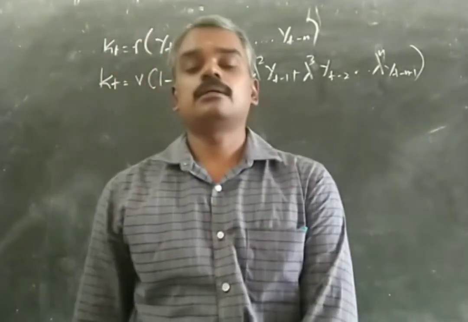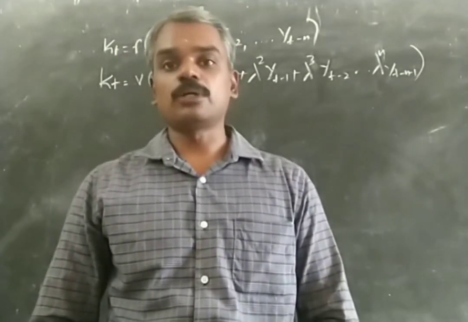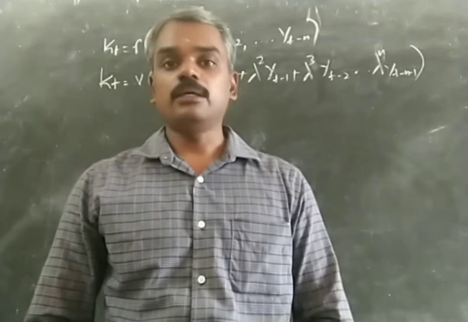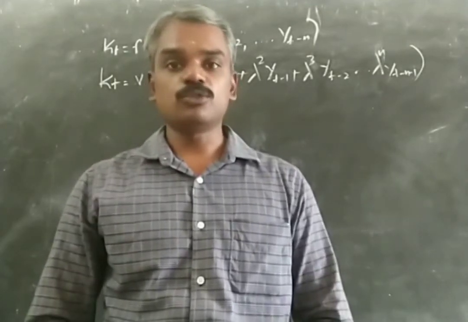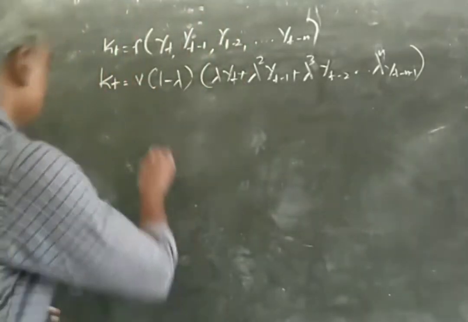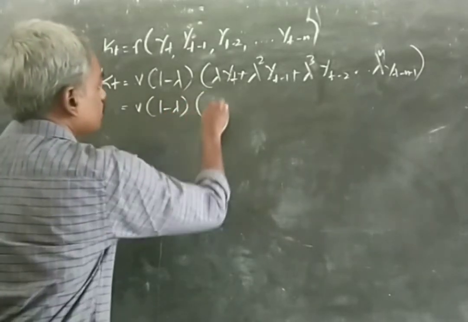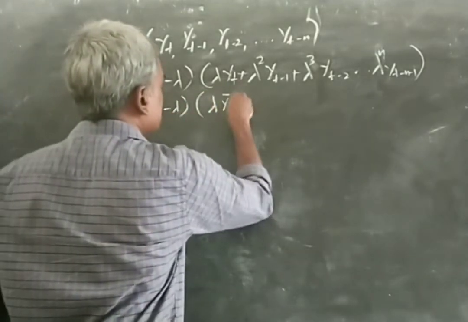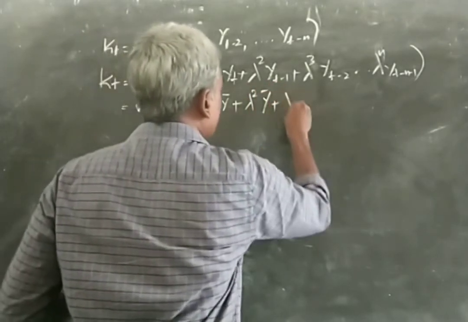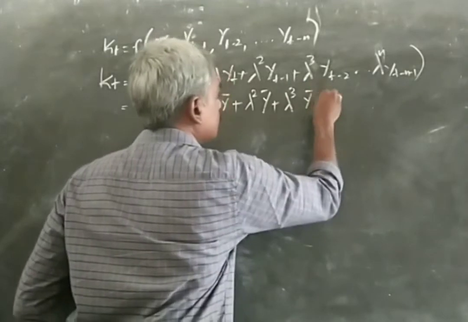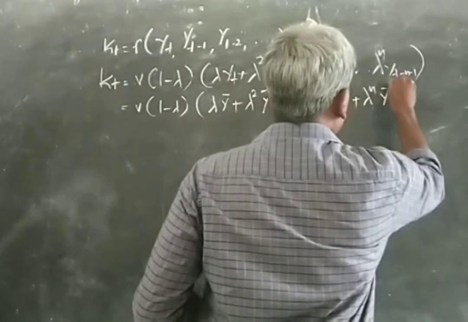Now they assume that the income level is constant throughout the period, and so output is also constant, and therefore YT minus 1, YT minus 2 and YT minus n minus 1 can be assumed to be equal to y bar. Therefore the equation changes form into nu into 1 minus lambda into lambda y bar plus lambda square y bar plus lambda cube y bar plus up to lambda raised to n y bar.